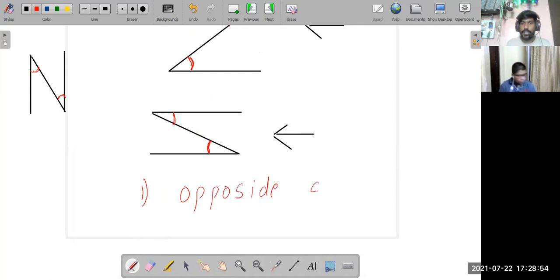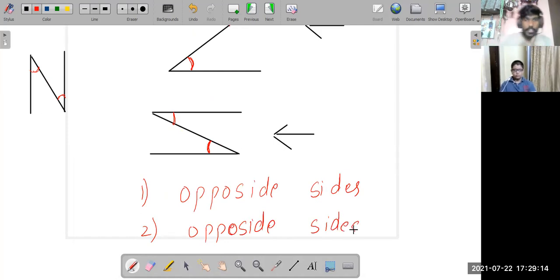Opposite sides means if one is on the right side, the other one will be on the left side. Opposite sides and opposite direction. That means if one is going towards the right, the other one will go towards the left.